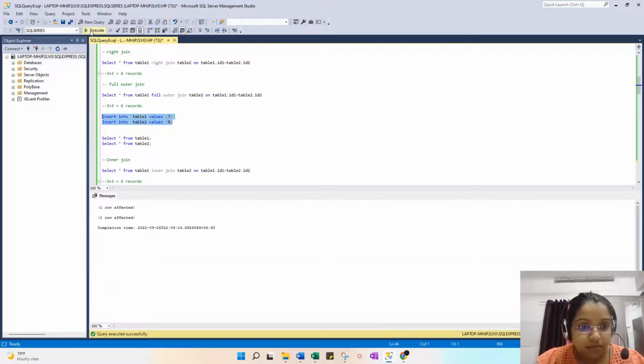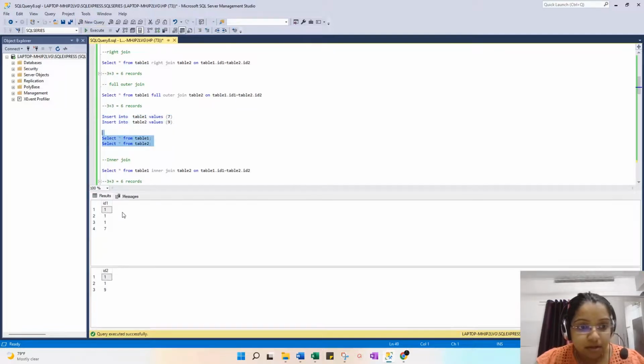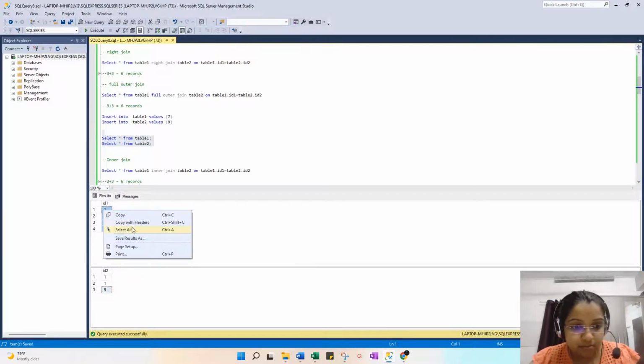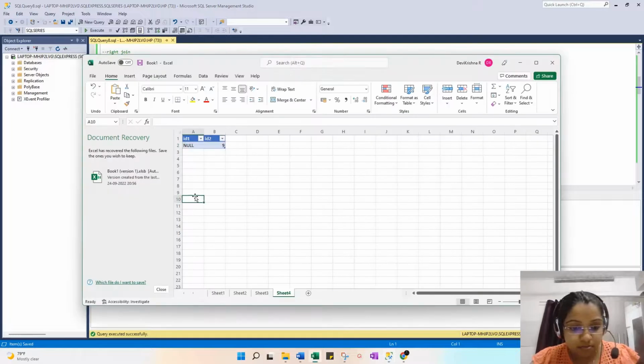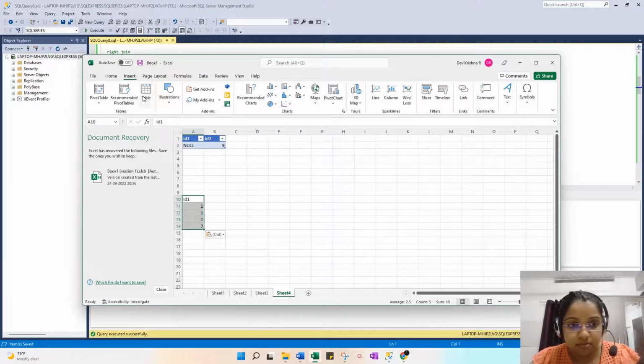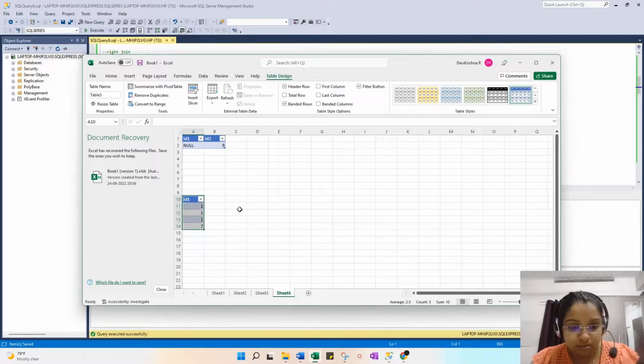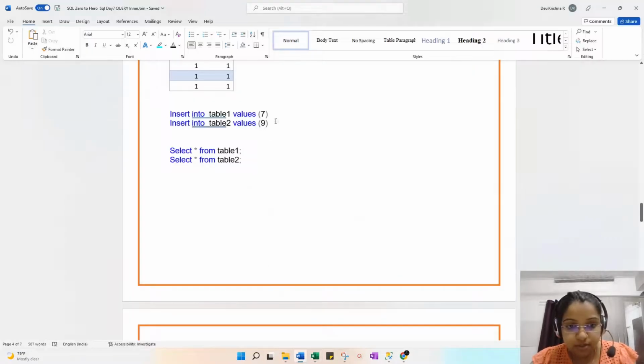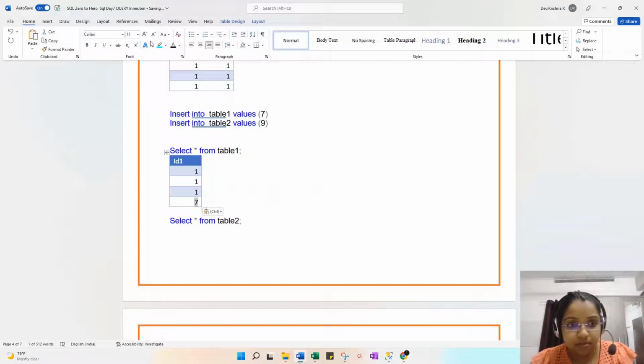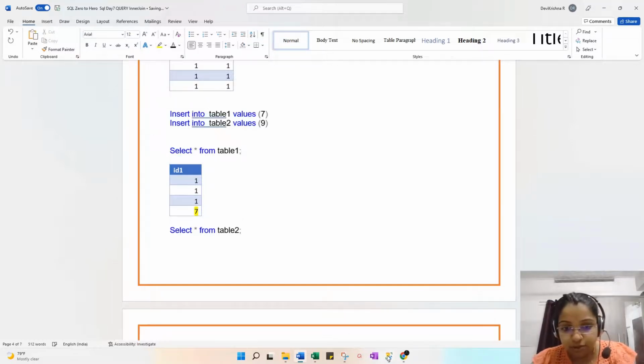I am inserting 4 records in table 1, and this one is this one. Okay, so I am selecting. When you insert this one, 7 is displaying, and the next record will be table 2.